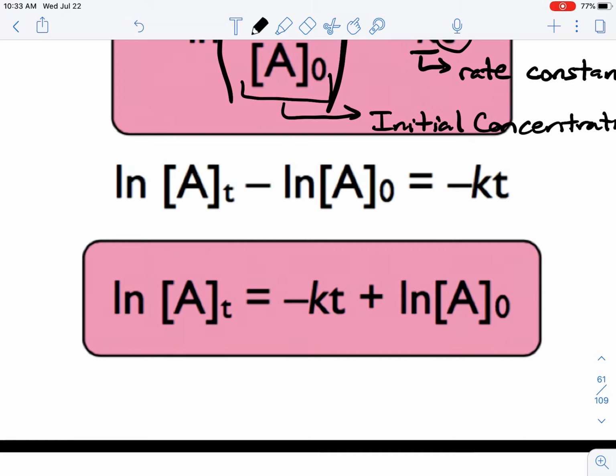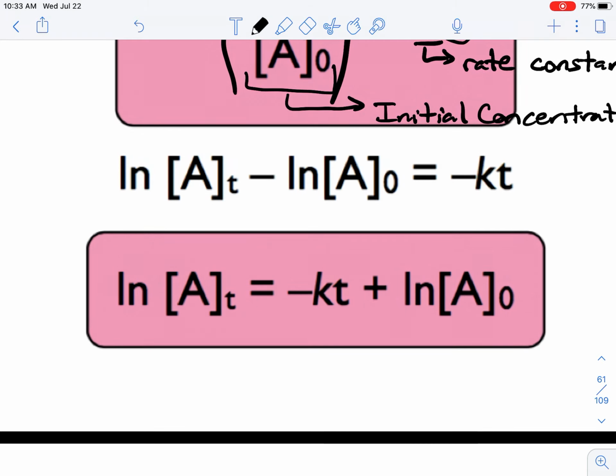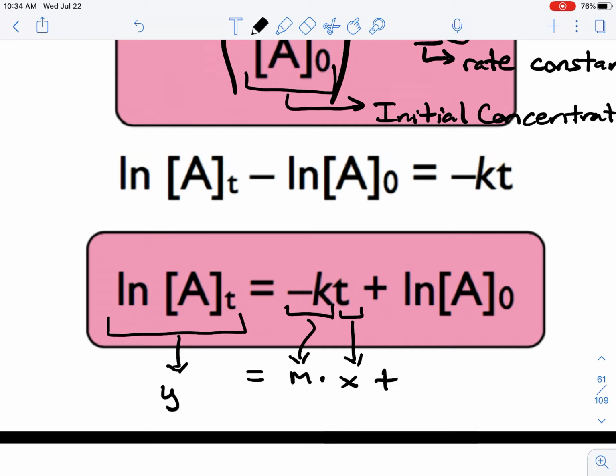And so this form is known as a straight line plot, or the expanded form for the integrated rate law, where you can overlap the equation of the line such that the y-axis is equal to the natural log of the concentration of A at any given time period, which is equal to the slope, which is going to be the rate constant k, times t, which is going to be on the x-axis if you're plotting it on a graph, plus b, which is the y-intercept.